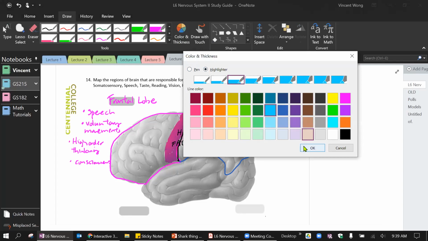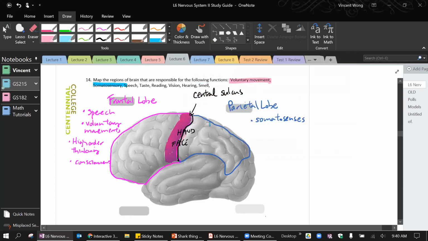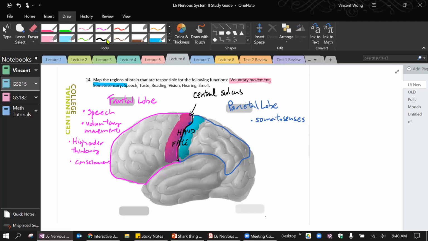And over here, for somatosensory, it's going to be this area. So this allows you to control the right hand, because we are talking about the left brain here, and this allows you to feel the right hand. Feelings from the right hand, controlling the right hand.